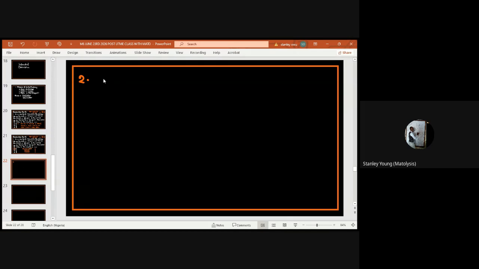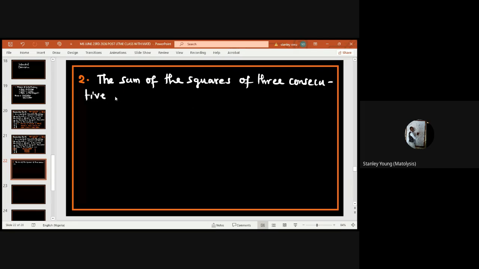It says the sum of the squares of 3 consecutive natural numbers is 2030.